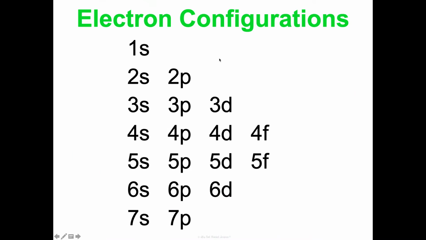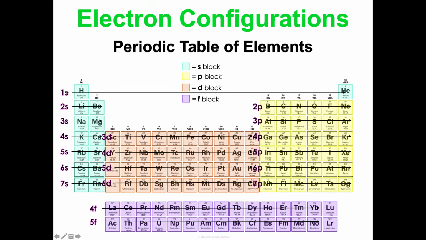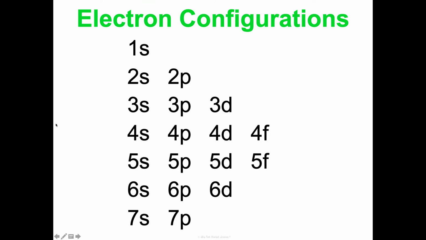Okay, so another thing that can be helpful with figuring out these electron configurations is you're always going to go left to right on the periodic table. If you just follow the periodic table in order when you're writing these out, it'll make sense. And I'm going to show you that in a second. But there's another way you can double check if you did it right and you have them in the right order, because we always want to write them in order of least energy, the order that would require the least amount of energy for the electrons to be in that stable configuration.